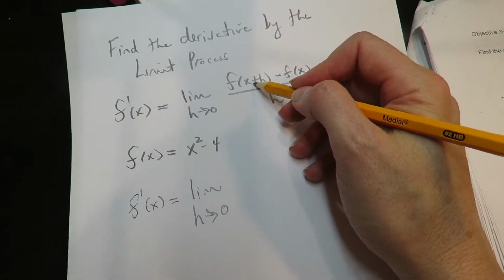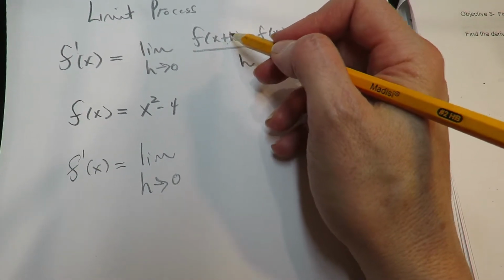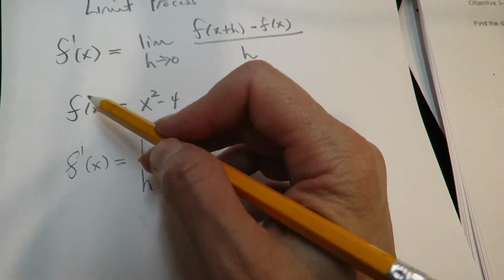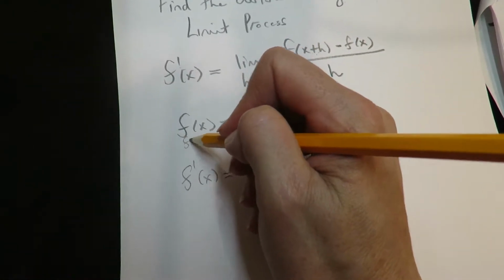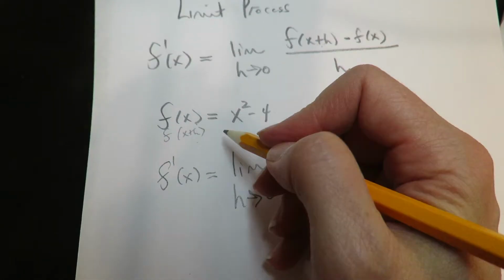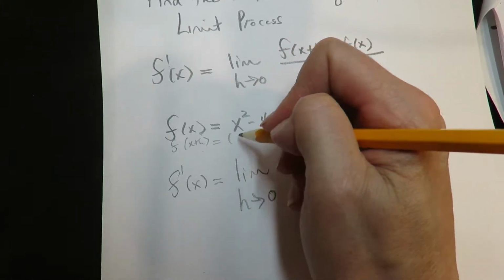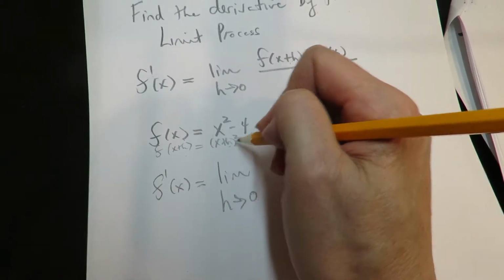Now, you first have to create f of x plus h. If you recall, that's when you take the f of x function and everywhere you have an x, you replace it with x plus h. So everywhere you have an x, you replace it with x plus h.